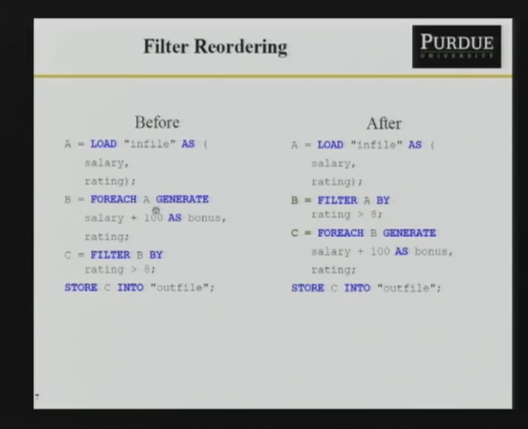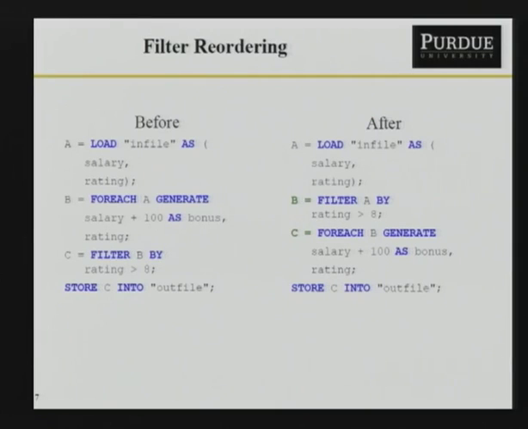And what we want to do here is give a bonus to these employees, but not all of the employees, but rather those employees that are over 8. So that's exactly what we're doing. We first add 100 to all of the salaries, but then we filter out all those employees that do not have a good score, a good rating.